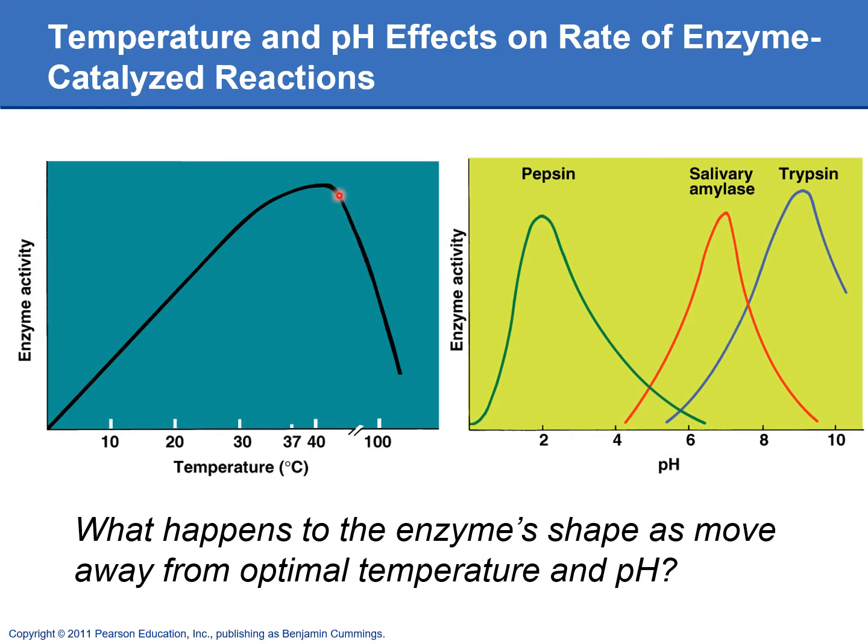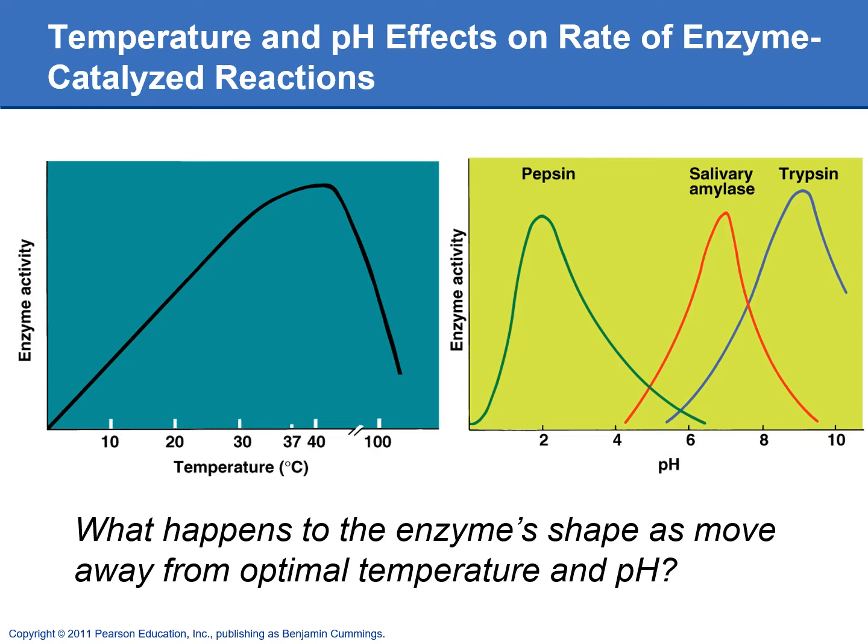What's happening as your body temperature starts to get too hot is that the enzymes, being made out of protein, start to denature and unfold. And when they denature, the active site shape disappears because it's unfolding and it can no longer bind to the substrate, and then you can't do that reaction anymore.